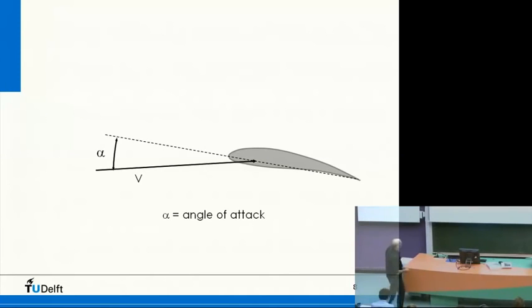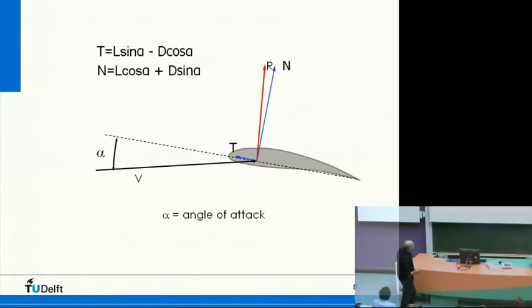So this is the normal force. Now here you see we have an airfoil. This is the chord line. This is the velocity, so by definition this is the angle of attack. We have a lift and a drag force. Together they form a resultant force. Here it is, this resultant force. This resultant force can also be made of a normal force perpendicular to the chord line and a tangential force.